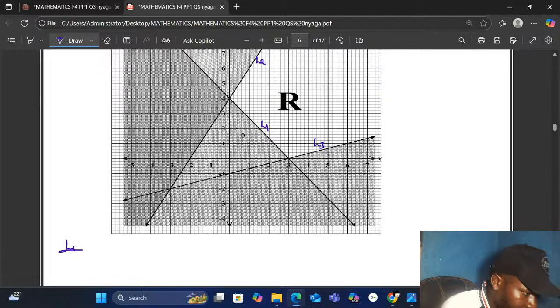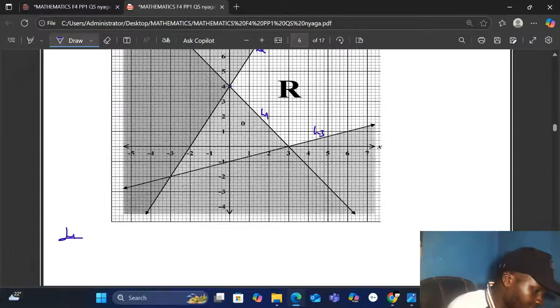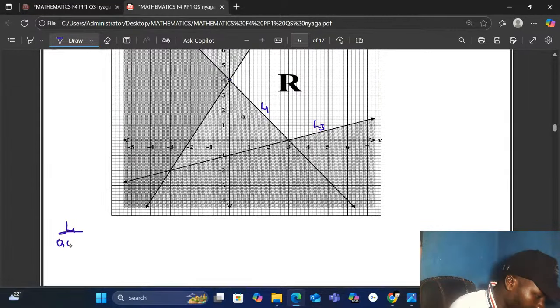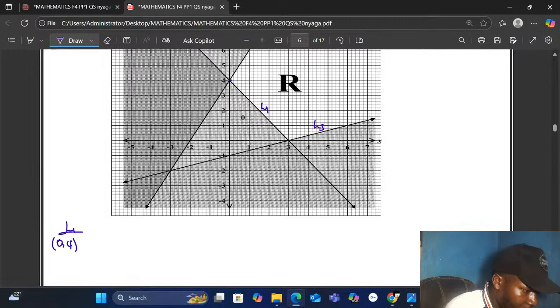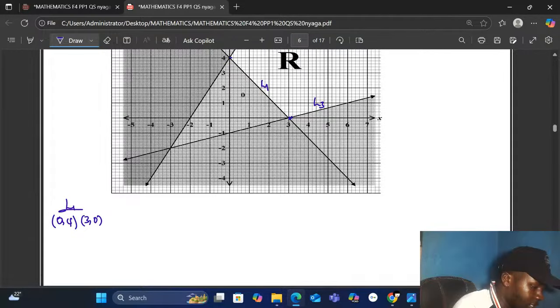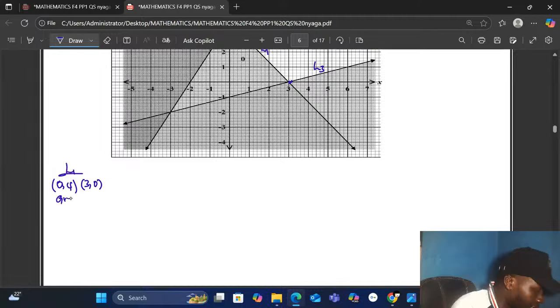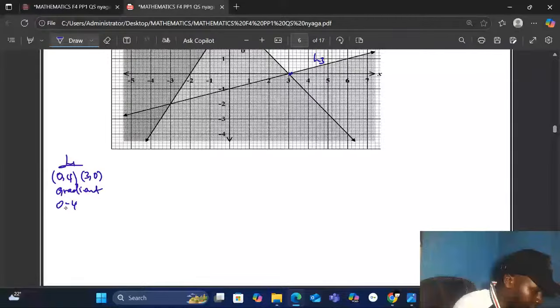L1, where is this? We can have this point, 0, 4. Then we can also have another point, 3, 0. We use the 2 points to find the gradient: minus 4 divided by 3 minus 0 is equal to negative 4 over 3.